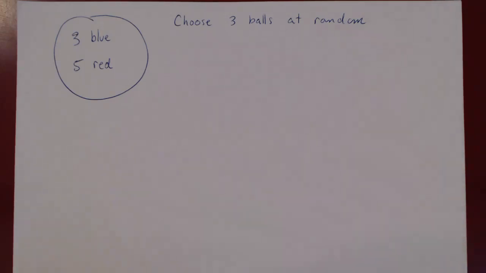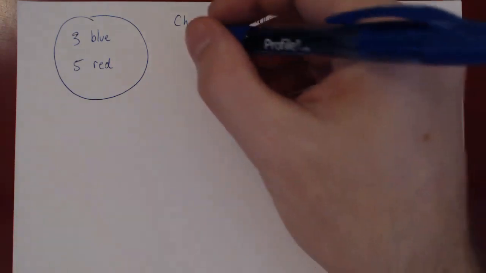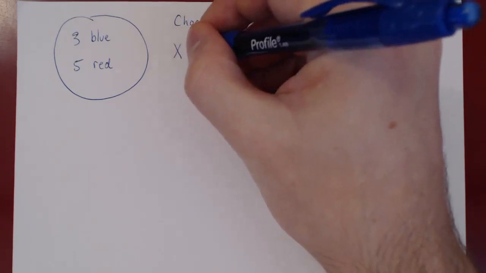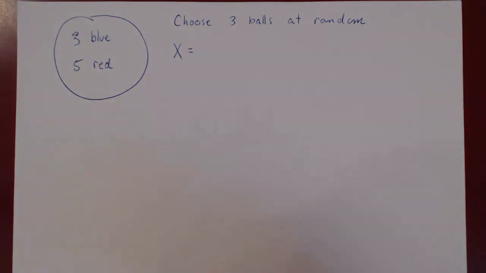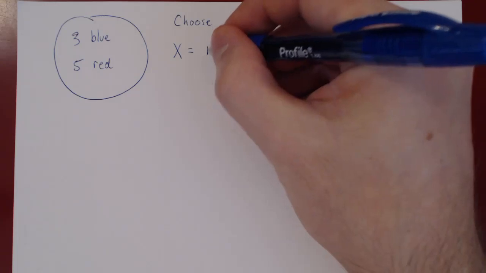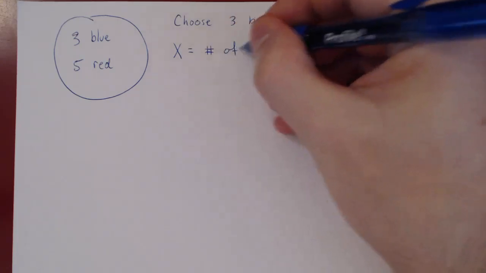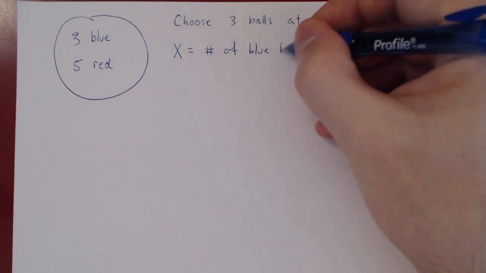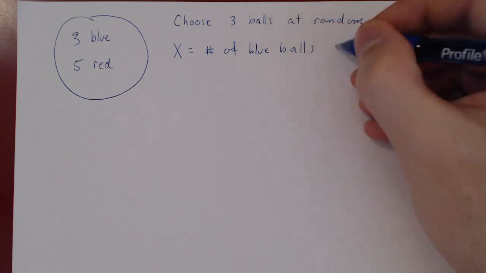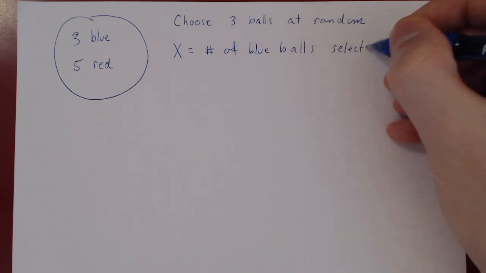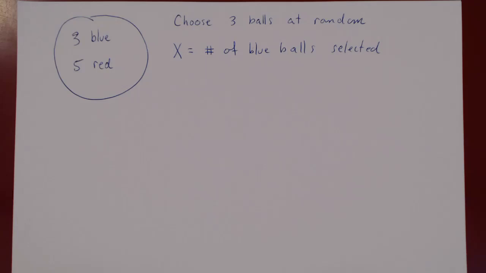And, well, what is our random variable? Let's say here that X, our random variable, is the number of blue balls selected. So X is obviously here a random variable.